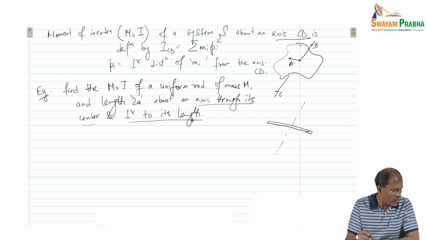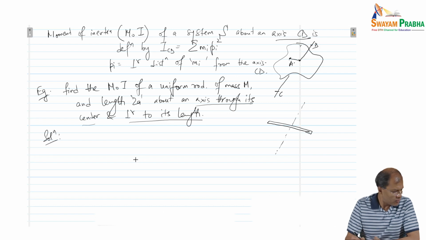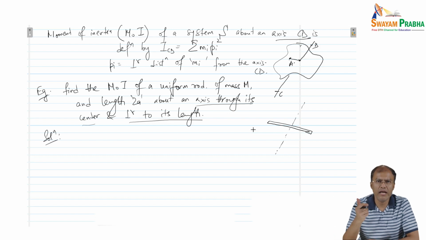So, to find the moment of inertia, remember this rod is just a 1D object. If we want to discuss the mass distribution, we need to talk about the concept of mass per unit length. For 1D it is mass per unit length, for a 2D object we have mass distribution as mass per unit area, and for 3D it's mass per unit volume.